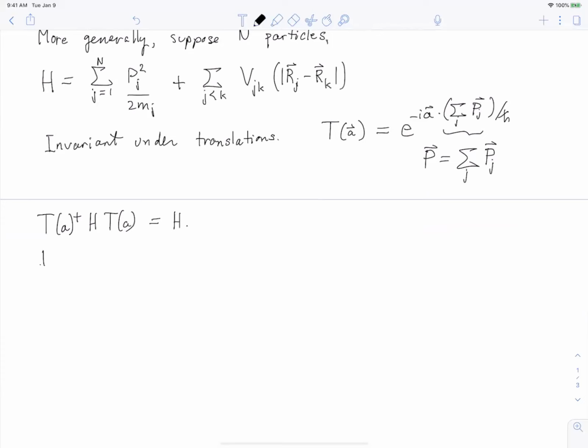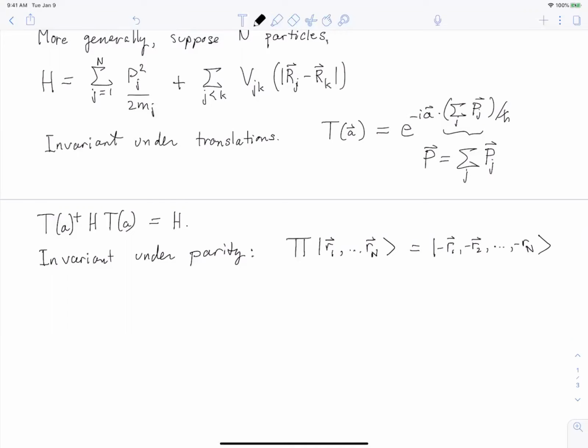It's also invariant under parity. And there we need to define, first of all, what parity is. The parity operator acting on any state where all the positions of all the particles are known is going to give back minus the ket with all the positions multiplied by -1.